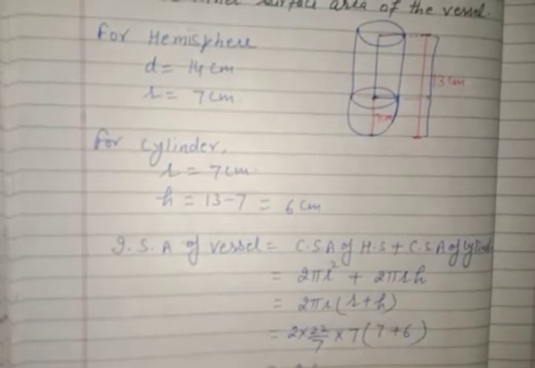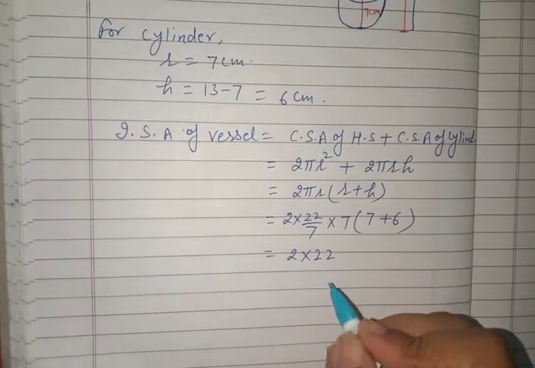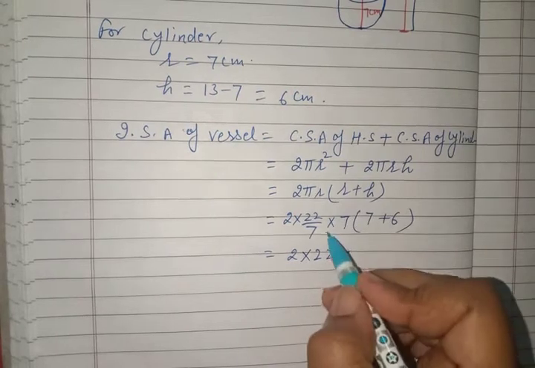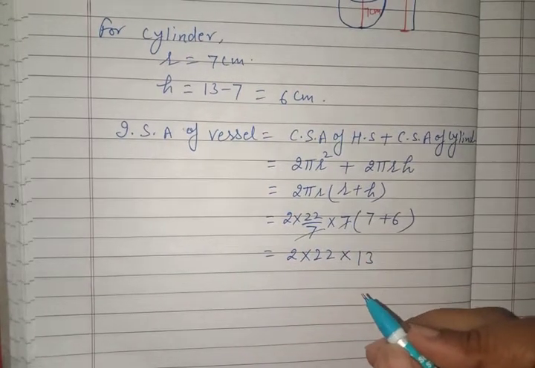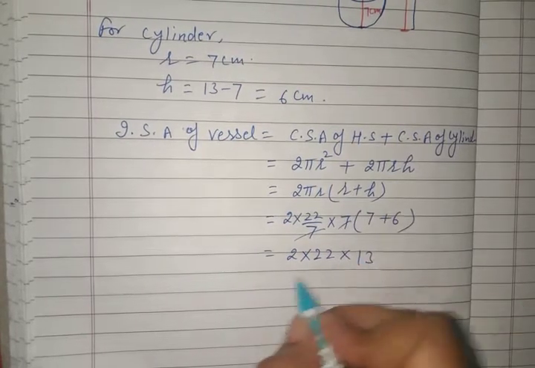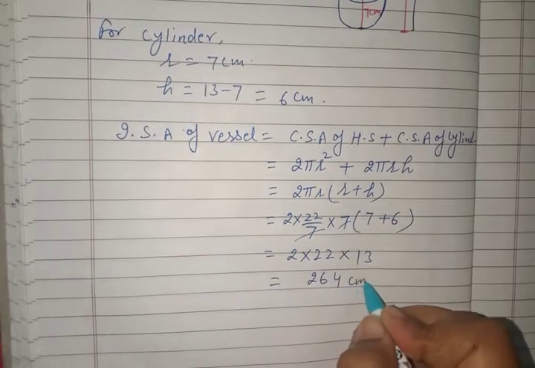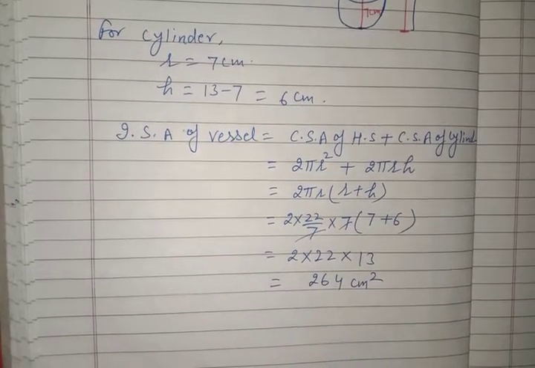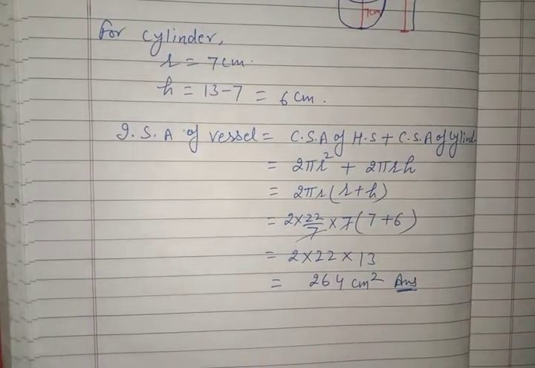Finally the answer is 2 multiply 22 multiply 7 gets cancelled with 7, 13. And when you multiply these values, you will get 264 centimeter square. So this is the final answer of this question, that the inner surface area of the vessel is 264 centimeter square.